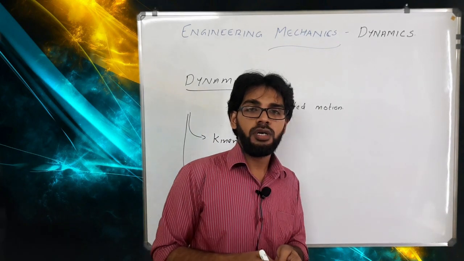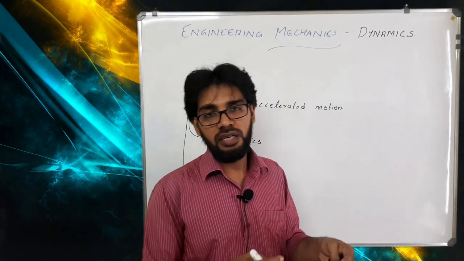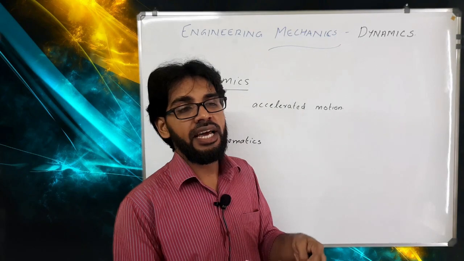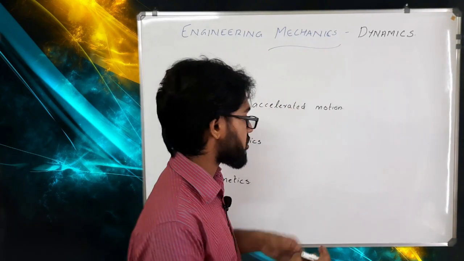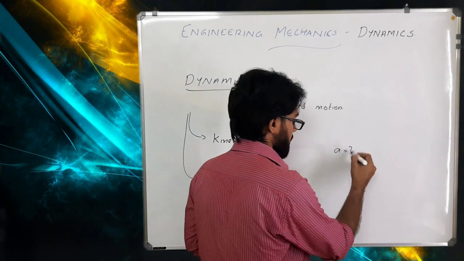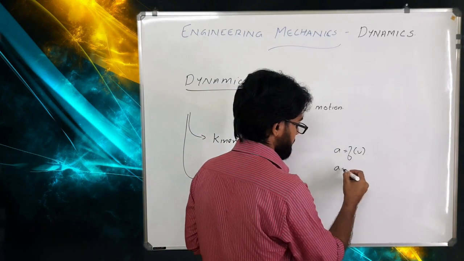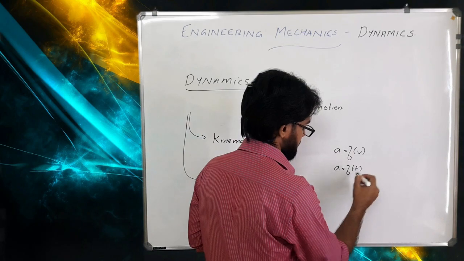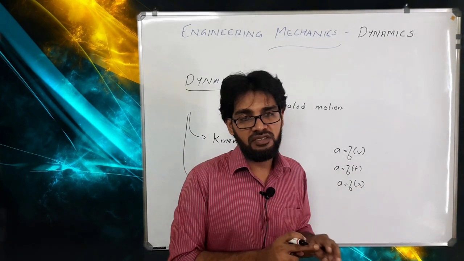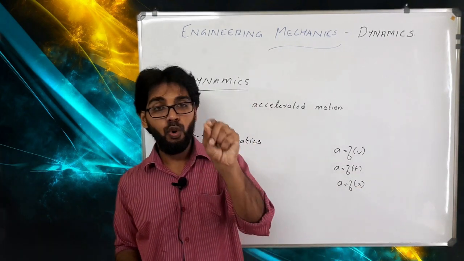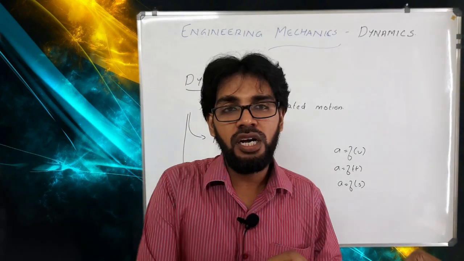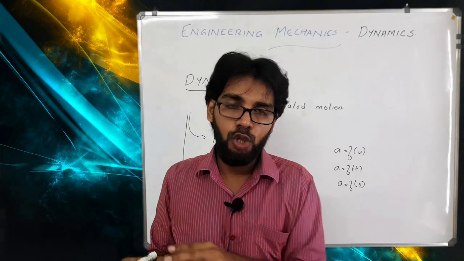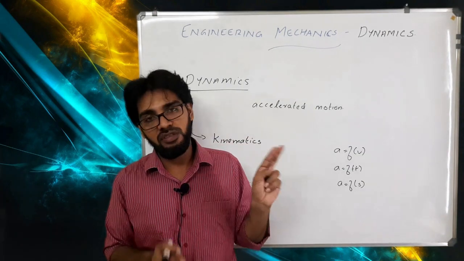He wants to know the acceleration of the car. Suppose he is traveling at an acceleration that is continuously increasing. The acceleration can either be a function of velocity, it can be a function of time, it can be a function of distance. In all of these cases, we are concerned with only the motion parameters of the car without reference to the forces that cause the motion.